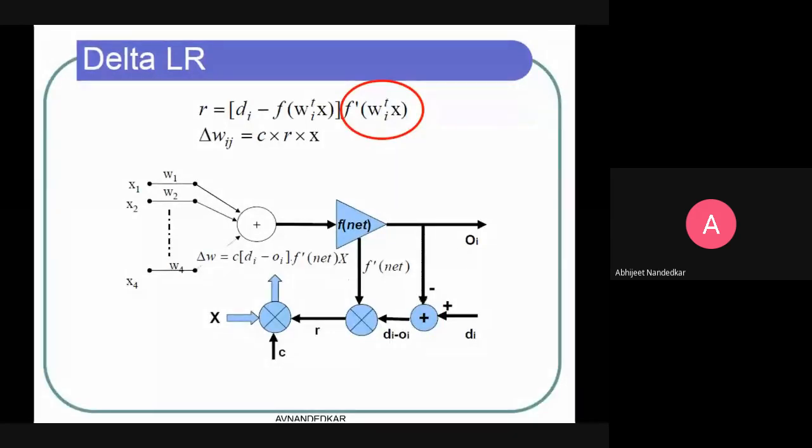Now the next learning rule is called the delta learning rule.